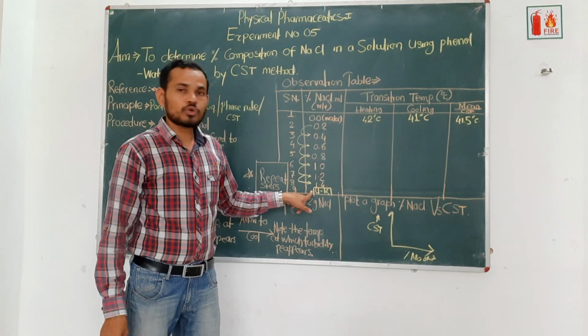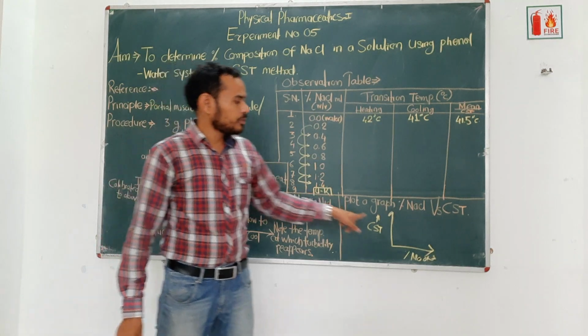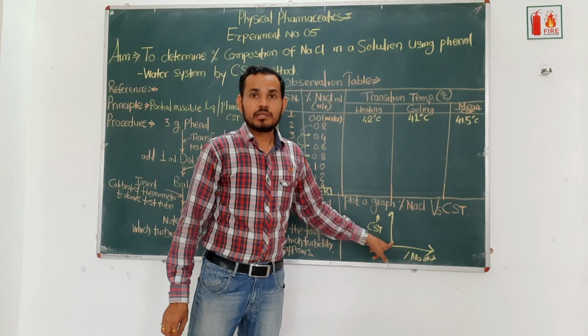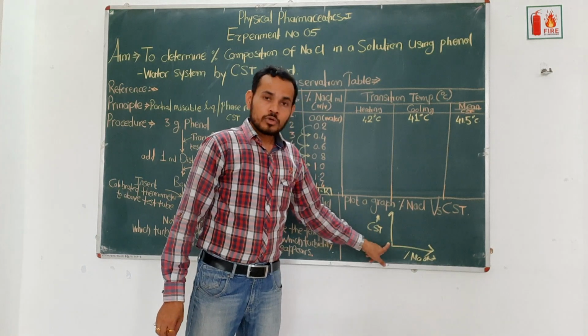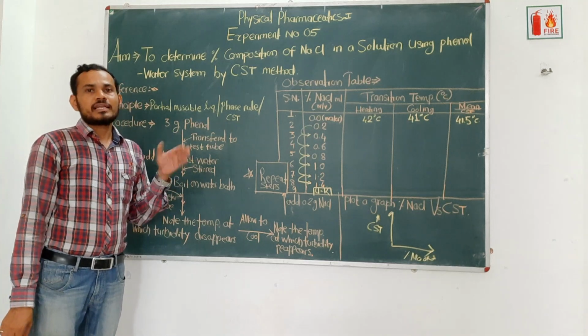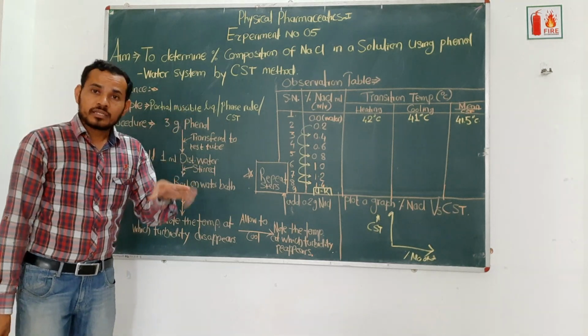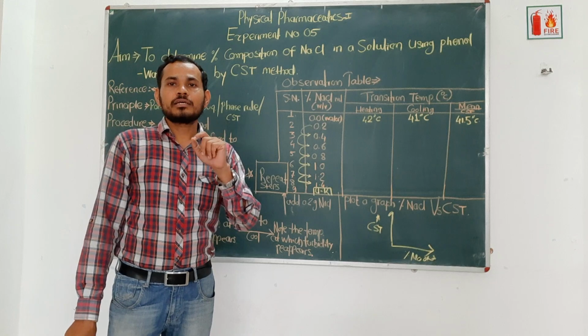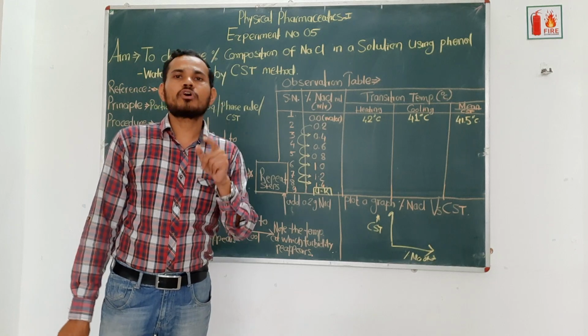So whatever the unknown concentration is that has been given, it can be obtained by this graphical method. So this is how we are going to determine the percentage NaCl concentration in the given two partially miscible liquids, that is the phenol and water system.